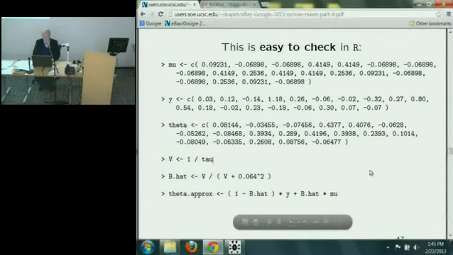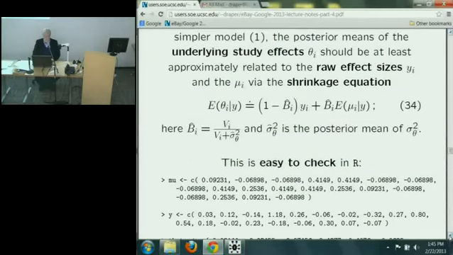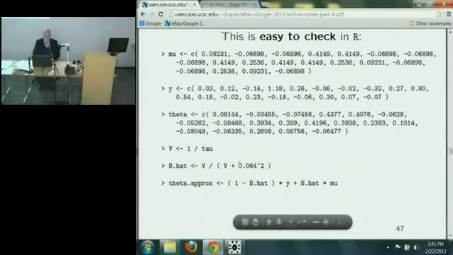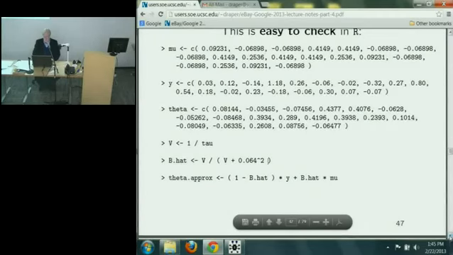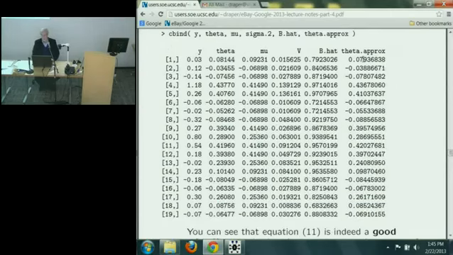And then b hat becomes, like it says here, v over v plus the posterior mean of sigma squared theta, which turned out to be about 0.064, that quantity squared. And then theta dot approx, according to this shrinkage equation, should be 1 minus b hat times y plus b hat times mu. And I made a little table to see how well that describes things. So the real punchline here is that you want to look at the column called theta dot approx and compare it with the theta.